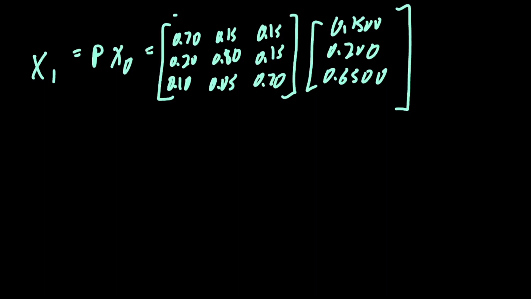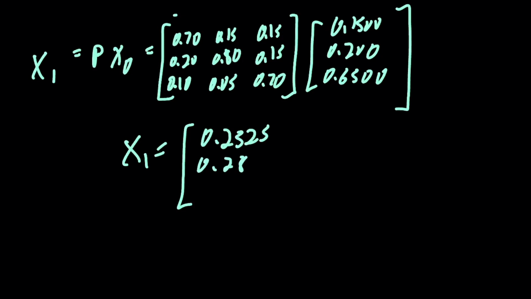So here is our operation, and over here it's just a matter of matrix multiplication, and as a result, x of 1 should give us a column vector of 0.2325, 0.2875, and 0.4800.